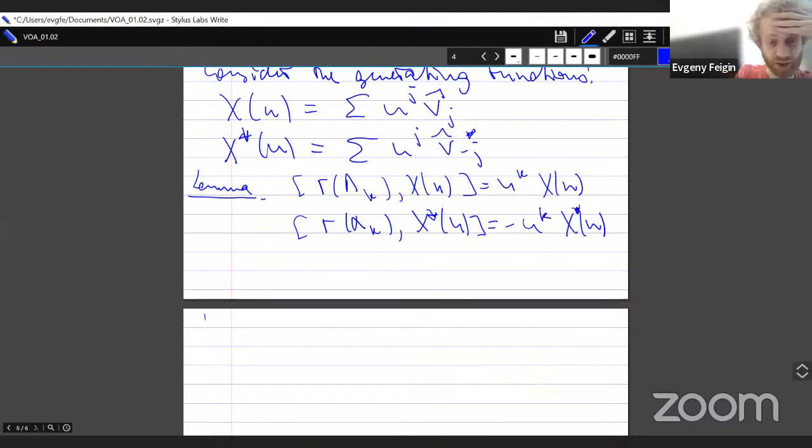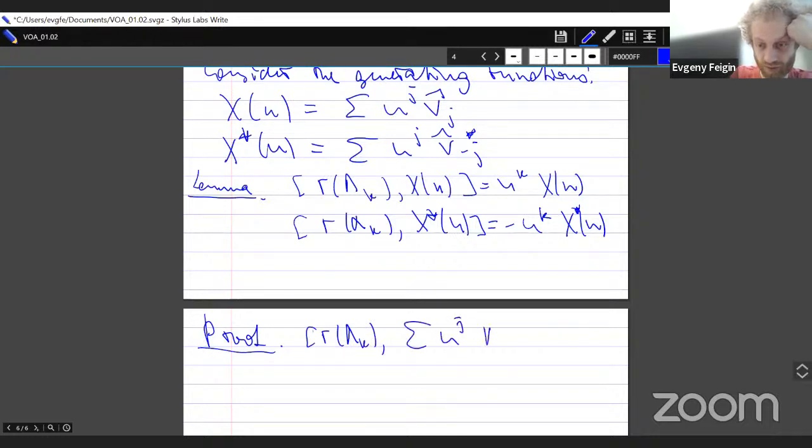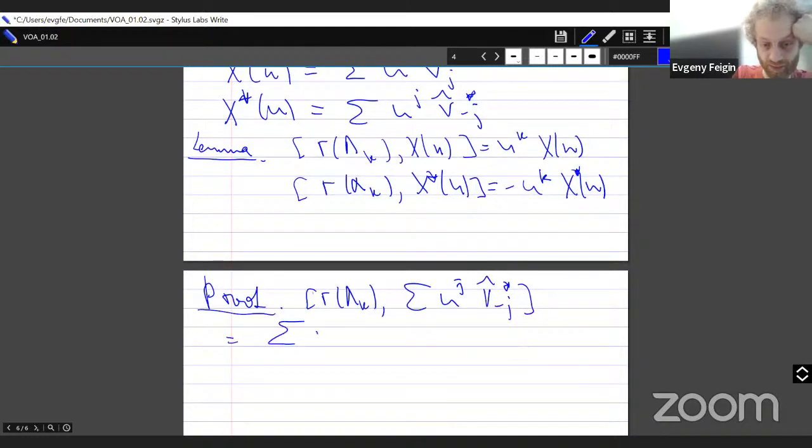Okay, and so actually there's more or less nothing to prove. For example, for the second thing, we take R of lambda k, and we take the sum u to the j, v minus j star hat. And the result is the sum u to the j, and the commutator of R of lambda k with this is minus v hat minus j minus k. Right?